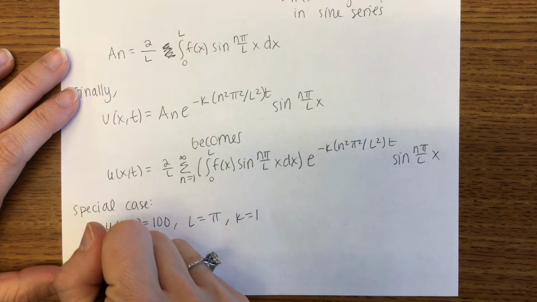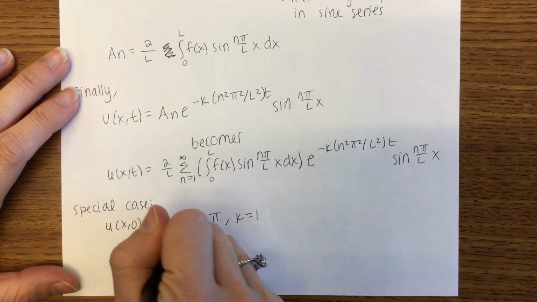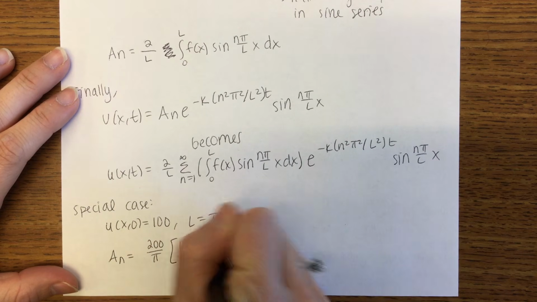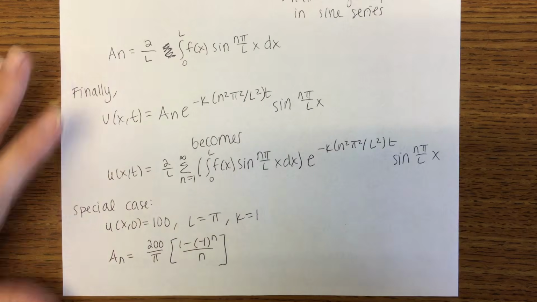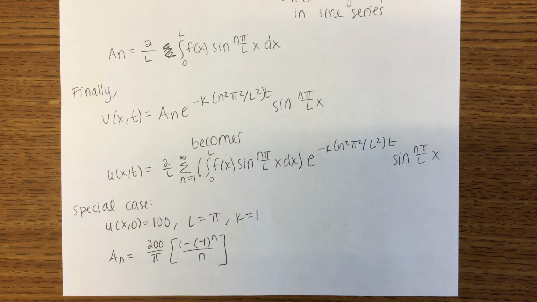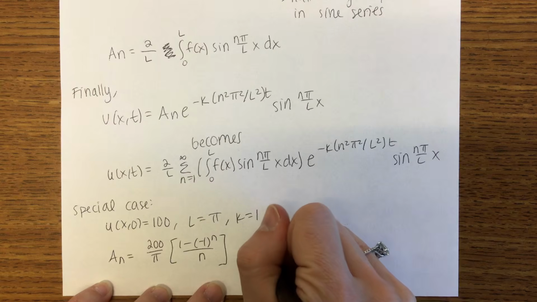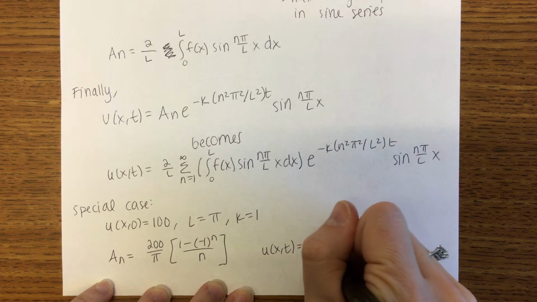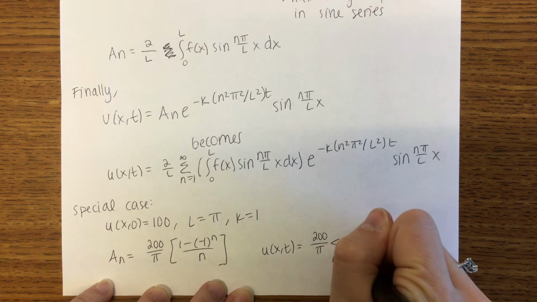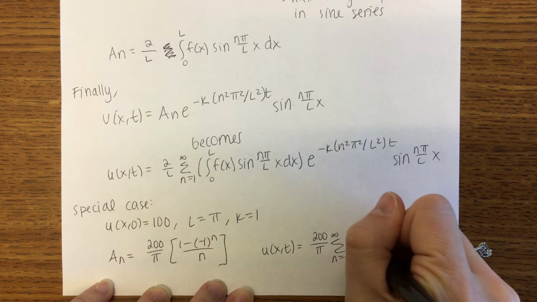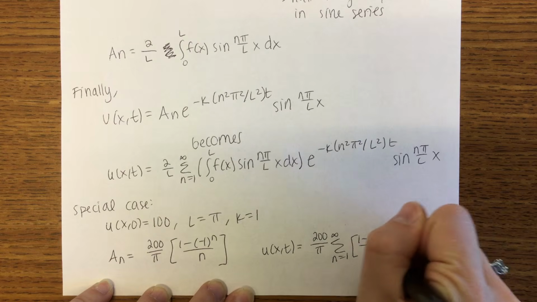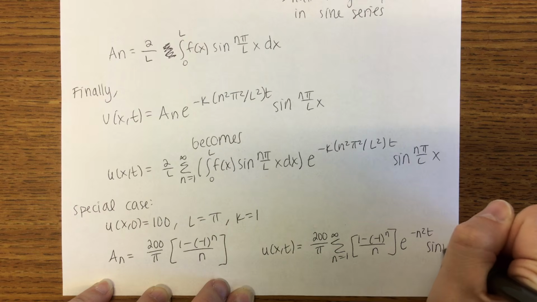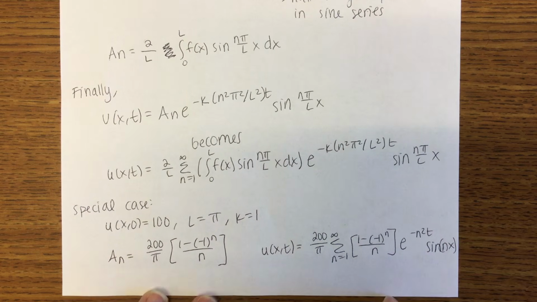If that's the case, a of n becomes 200 over pi times 1 minus negative 1 to the n over n. And hence u of x,t is going to be 200 over pi, the sum from n equals 1 to infinity of that 1 minus negative 1 to the n over n, e to the negative n squared t sine of n x.